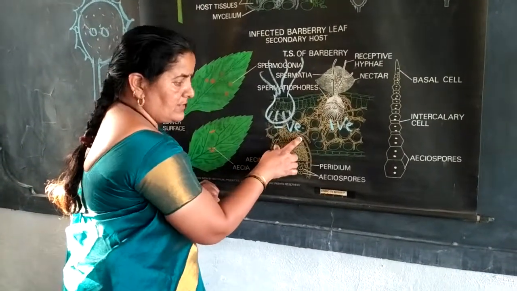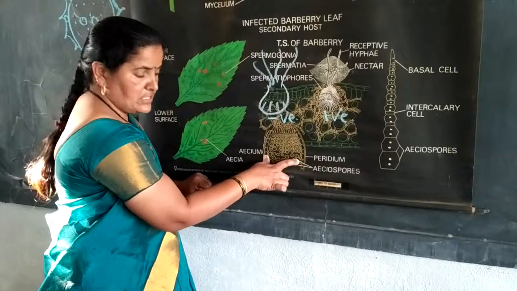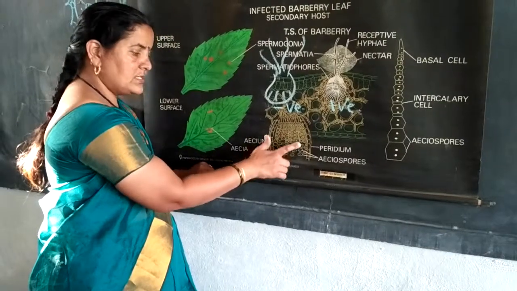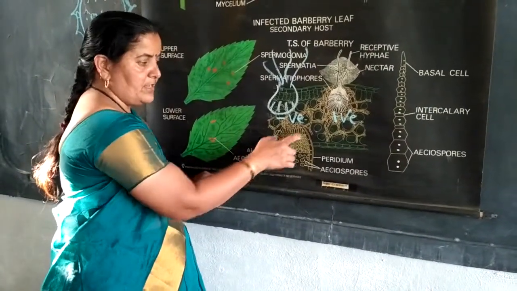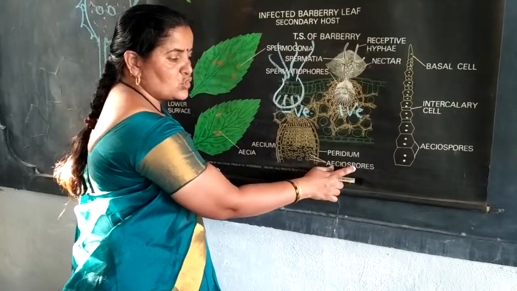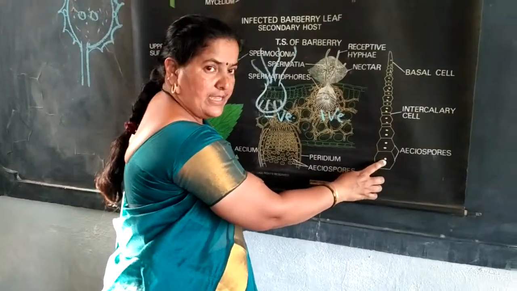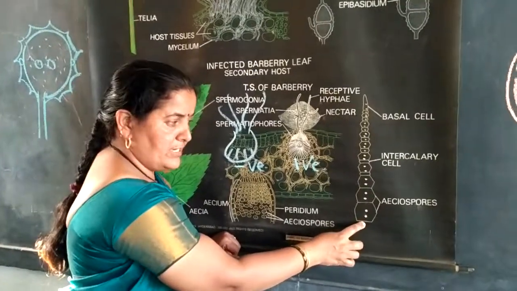When the dikaryotic mycelium grows towards the lower surface of the leaf, it is converted into a cup-like structure. This cup-like structure is called an aecium or aecial cup, inside which the aeciospores develop. These aeciospores are hexagonal, unicellular and binucleated.